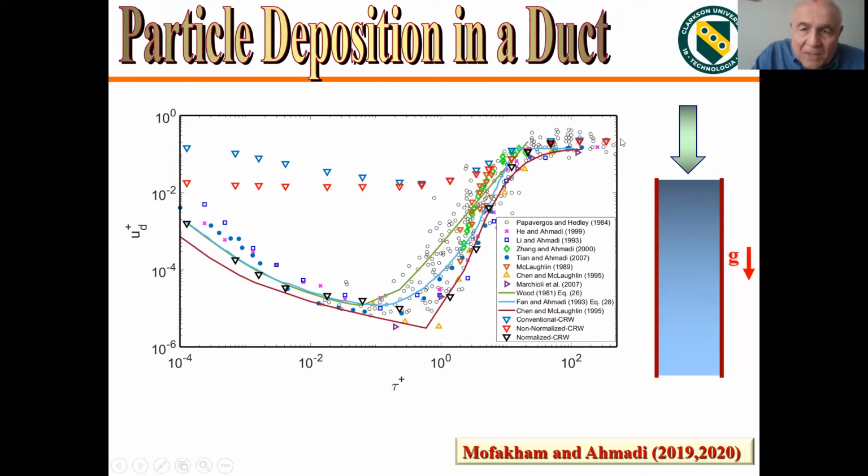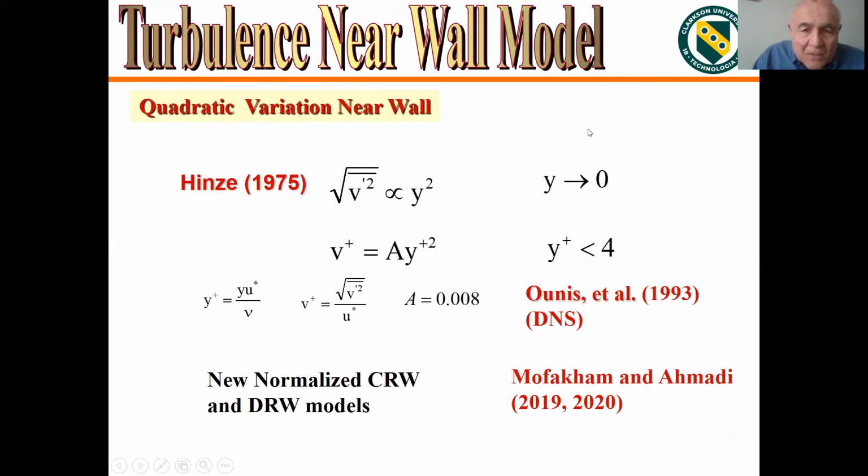The other correction needed, and that's why I talk about it here, is that very near the wall, v prime perpendicular to the wall is proportional to y squared. This is known from the statistical theory of turbulence, Hinze's book, for example. Very close to the wall, therefore, v plus goes with y squared. And that's an important parameter to account for.